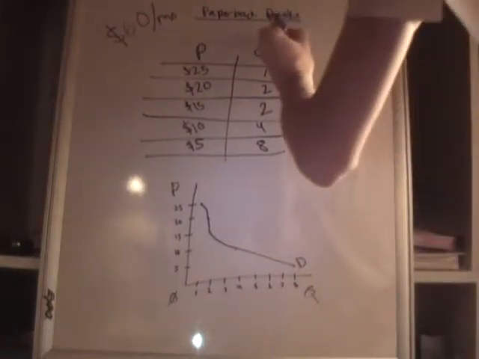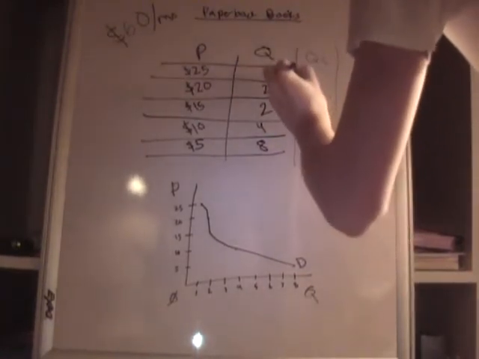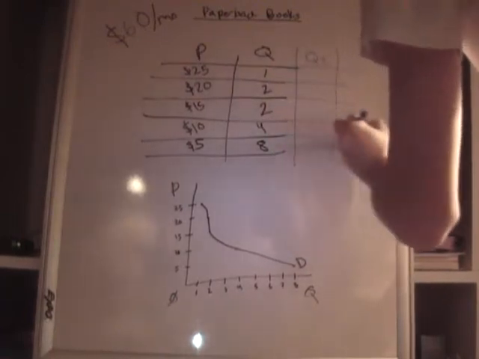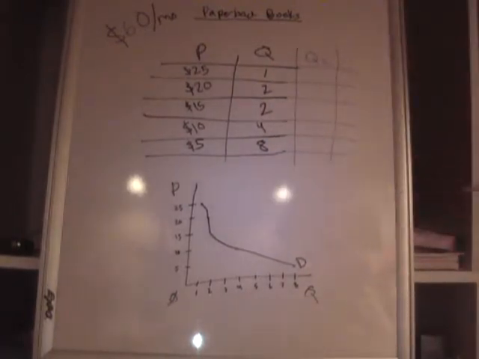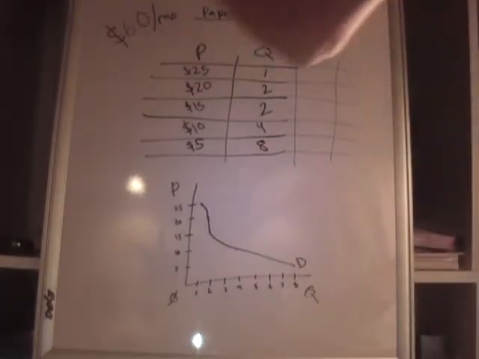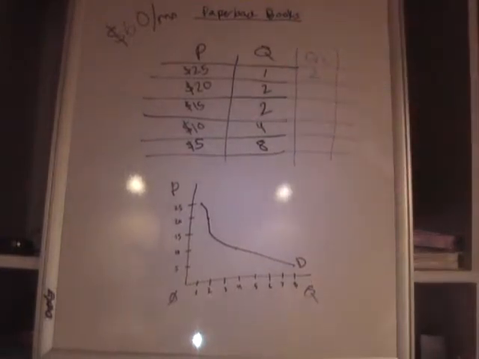Now let's look at the new quantity for paperback books. If paperback books are $25, then with this new thing, Fred is going to buy 2 a month as opposed to 1.